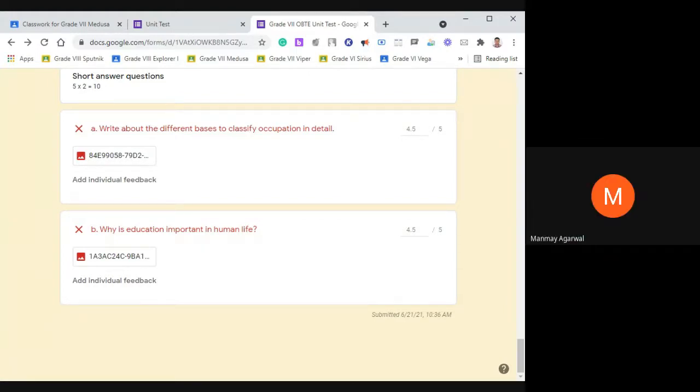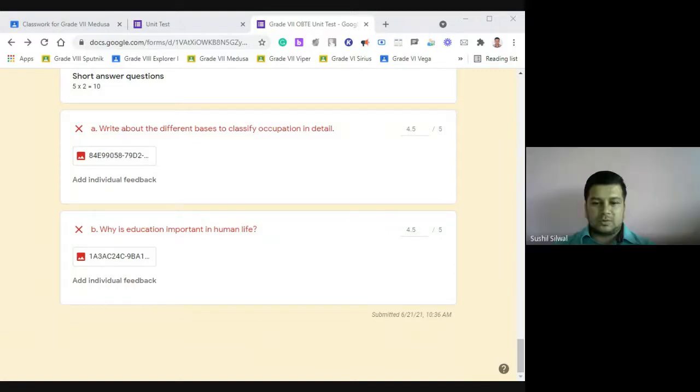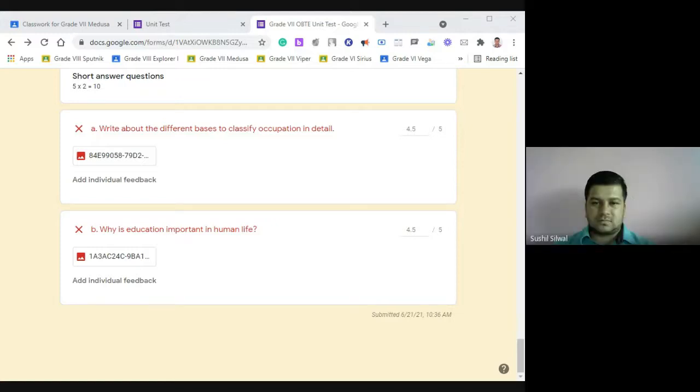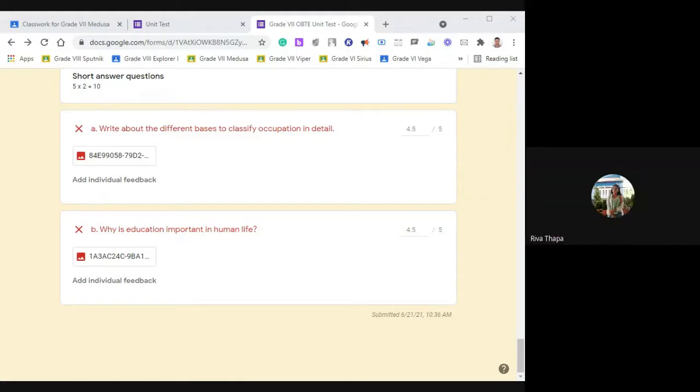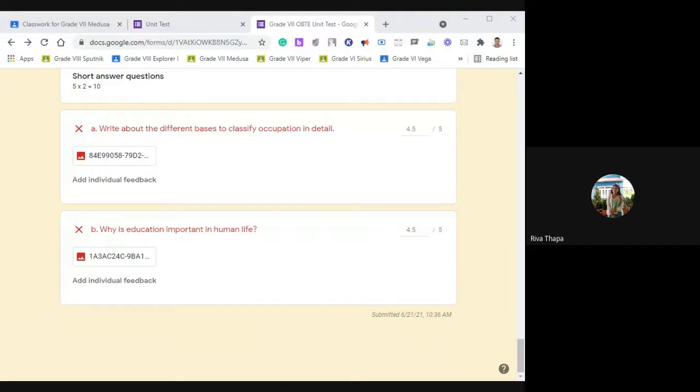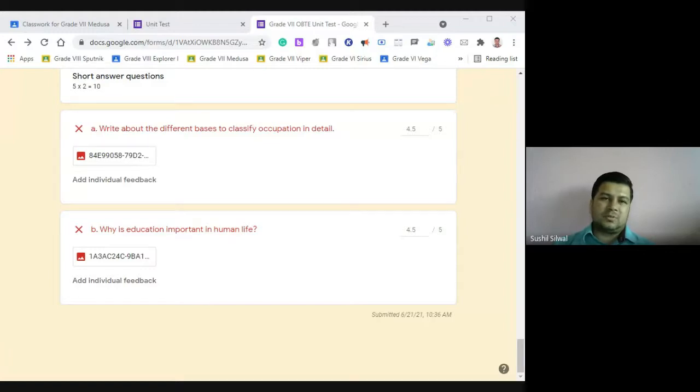Hello, sir. My net is bad because there's no net in my house, so my camera will be off. When I switch to another tab, my camera automatically turns off. Yeah, that happens even in Messenger, Viber, WhatsApp.